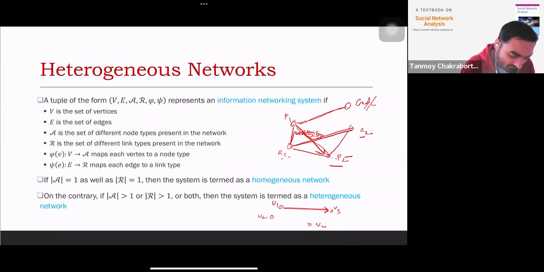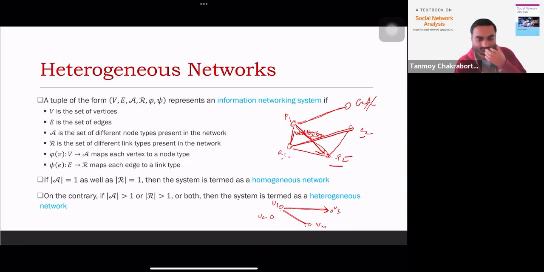If user 1 has retweeted user 4's tweet, there is again a link. Now this indicates retweets or retweeted by. So you see here, nodes are homogeneous, but edges are heterogeneous.